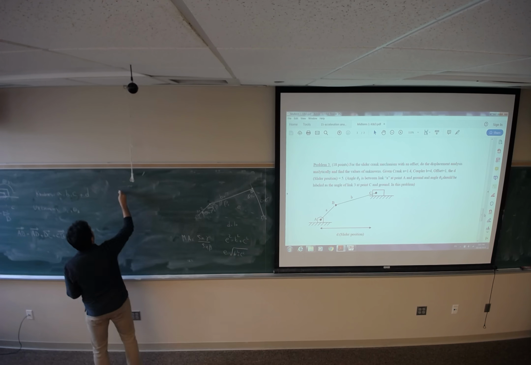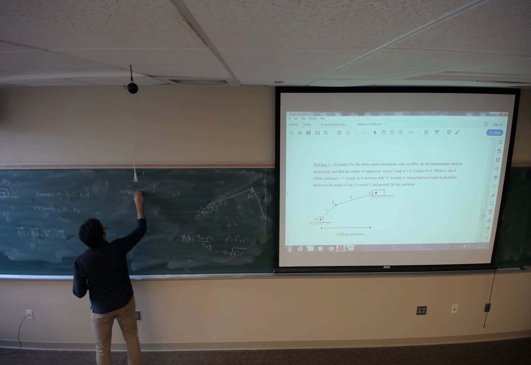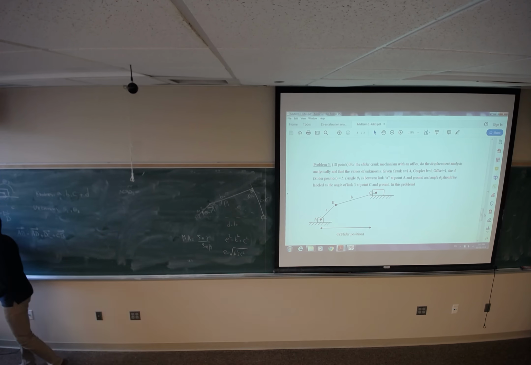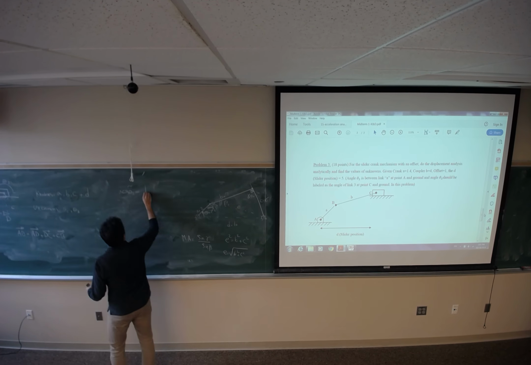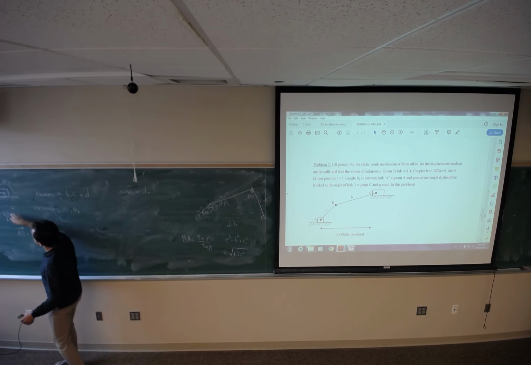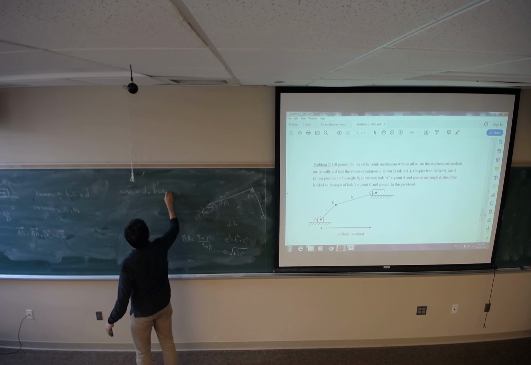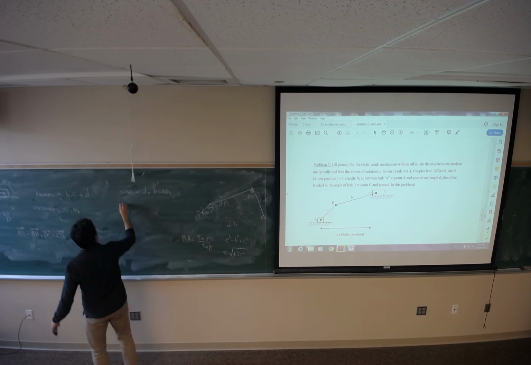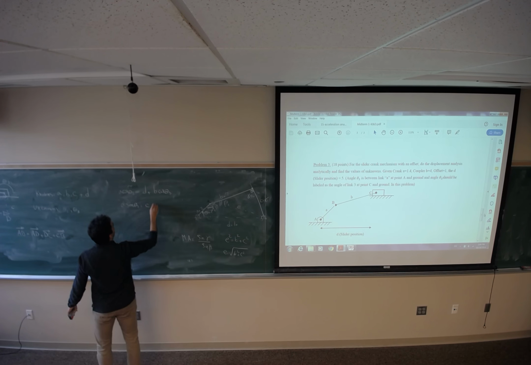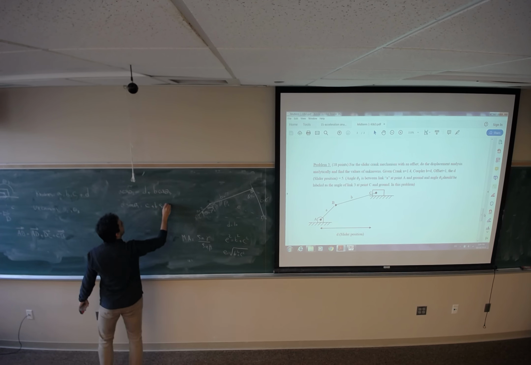The X component would be A cosine of theta 2 equals AD, which is D, plus DC, which doesn't have any X component, plus B cosine of theta 3. A sine of theta 2 equals C plus B sine of theta 3.